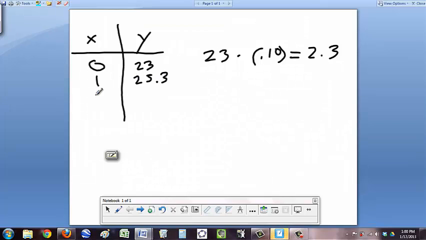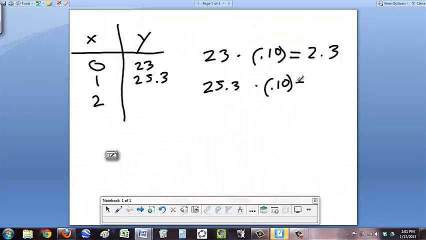Now the question is, after 2 months, is he going to have 2.3 more? So think about that for a second. And hopefully now that you've thought about it, you see that to find after 2 months, we have to do 25.3 times 10%. And that's going to be a totally different number.